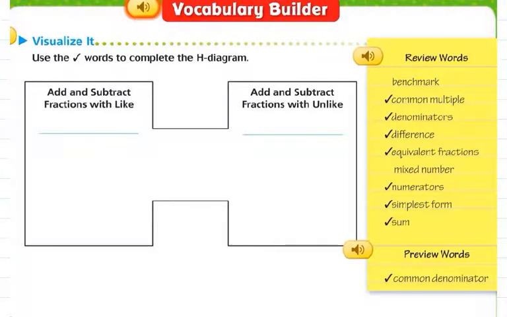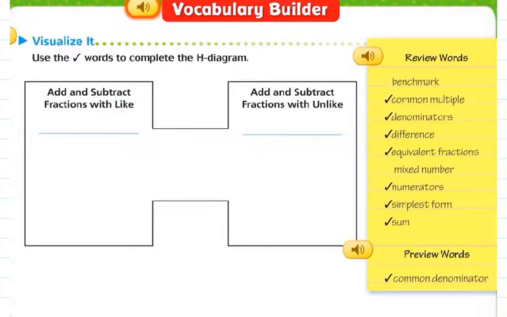And the words that relate to both should be placed in the middle part of the H. In the center, that is. So let's start with our review words. Benchmark, common multiple, denominators, difference, equivalent fractions, mixed numbers, numerators, simplest form, and sum. And our preview word is common denominator.